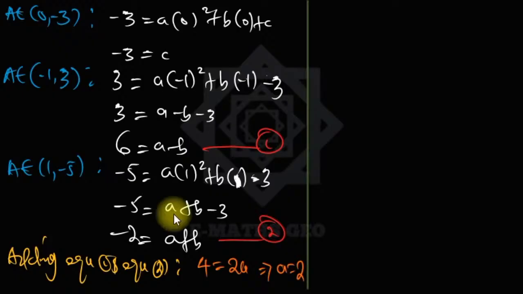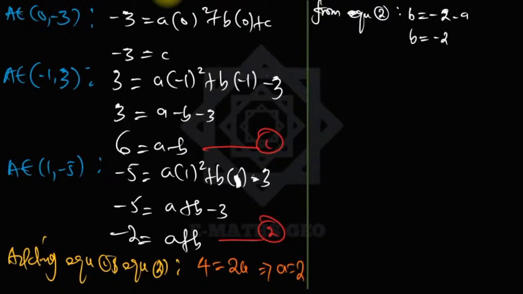Since we've gotten the value of a, we'll choose any of the equations and substitute a as 2. I think equation 2 is better. From equation 2, if we solve for b, b is minus 2 minus a, which is minus 2 minus 2, which is minus 4.